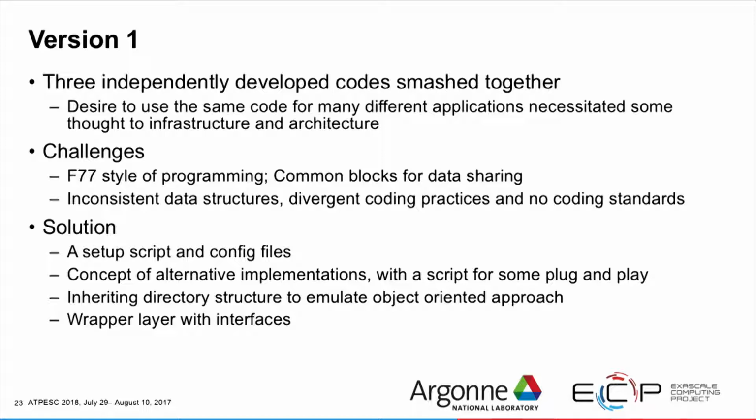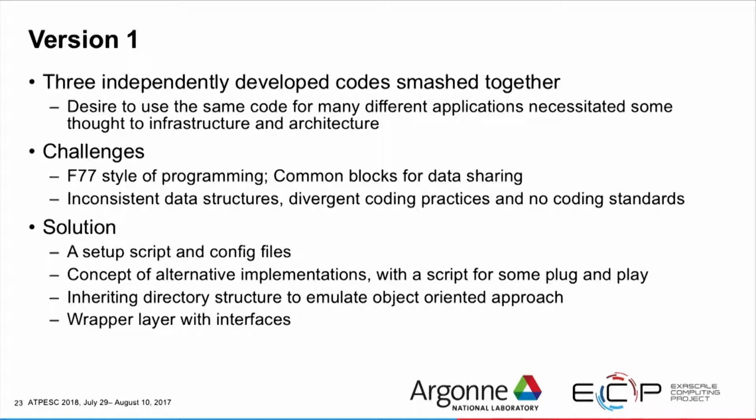So they had this idea right from the beginning that they wanted to have composability in the code, and that also motivated them to allow multiple alternative implementations for the same capability, because for example, in one class of problem, the kind of equation of state you need is completely different from another class of problems, and the nuclear networks that you're burning in different types of supernovae are also completely different. So this notion of multiple alternative implementations was brought in.